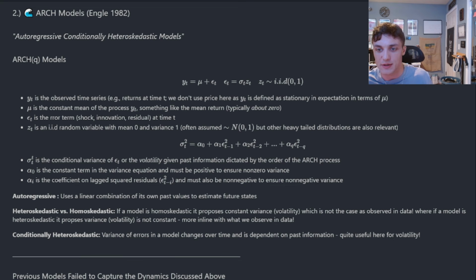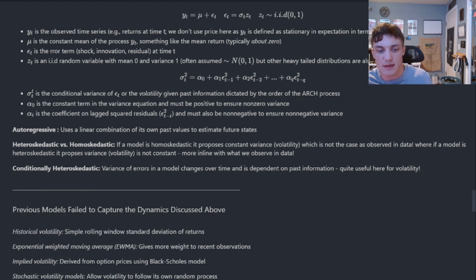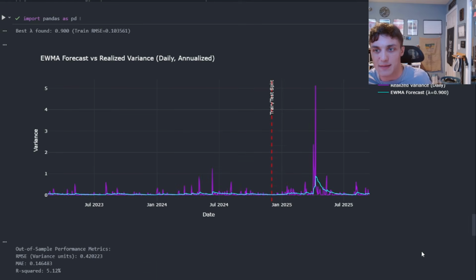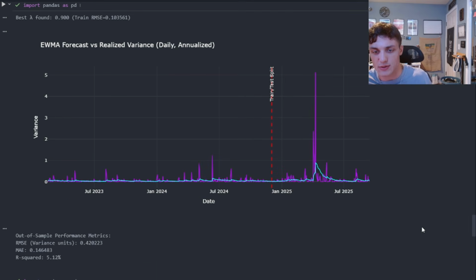I am going to horse race this model against something that doesn't capture the volatility dynamics we observed above, an exponentially weighted moving average, and I'm going to naively use that to try to forecast realized volatility. So we know that that model isn't going to capture the dynamics that we want, this excess kurtosis, the leverage effect, volatility clustering, things of that nature.